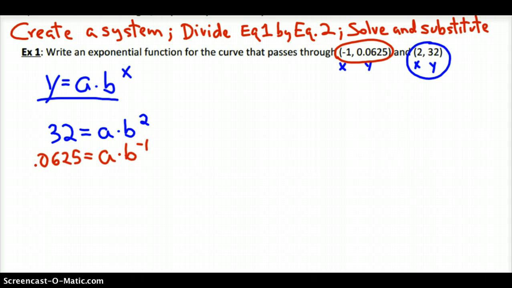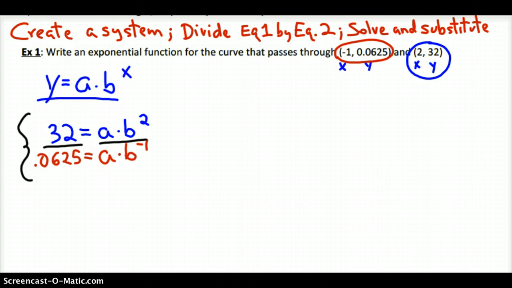Now from here, here's my system right here. So I'm going to take the top equation and divide it by the bottom equation. So I'm going to put a divide bar here and a divide bar here.